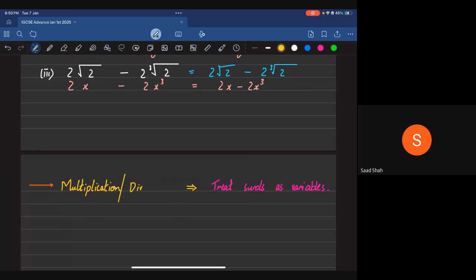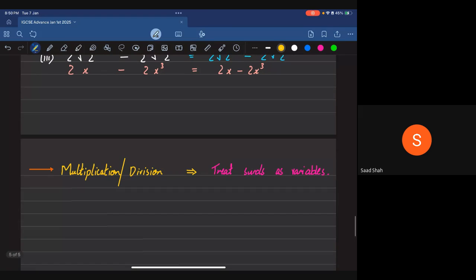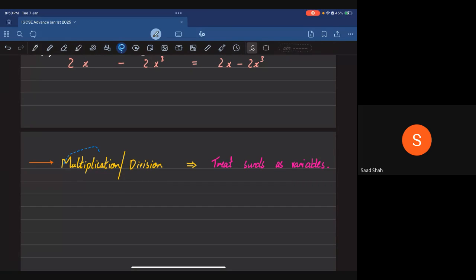How you're going to do that is that simply you're going to treat your surds as variables.